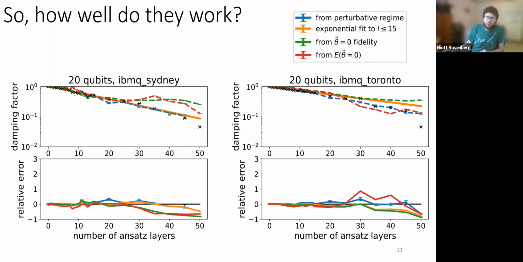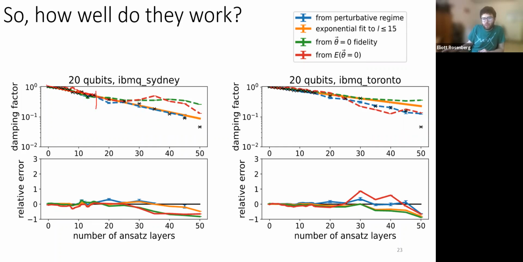And so the method that we proposed of estimating the damping factor using this exponential fit is working pretty well. So these x's go out to 15 layers, and we fit an exponential to these, which is this yellow line. And then out here, those are all predictions, and you can see it's matching fairly well.